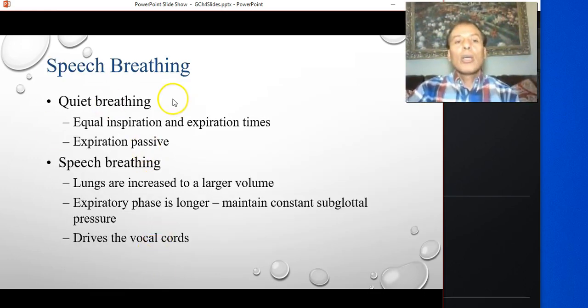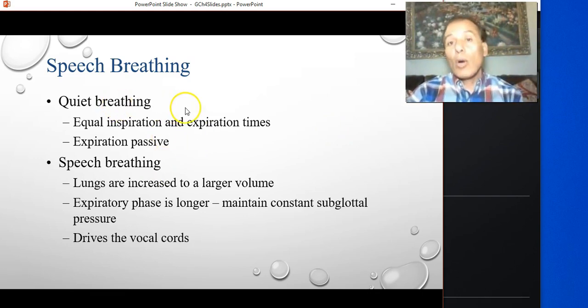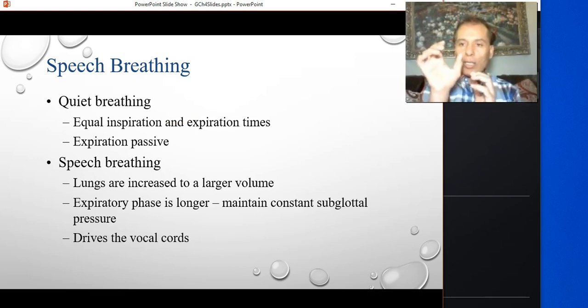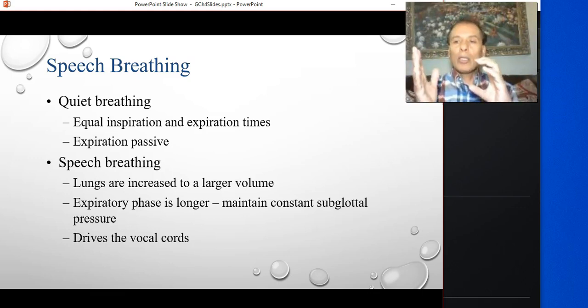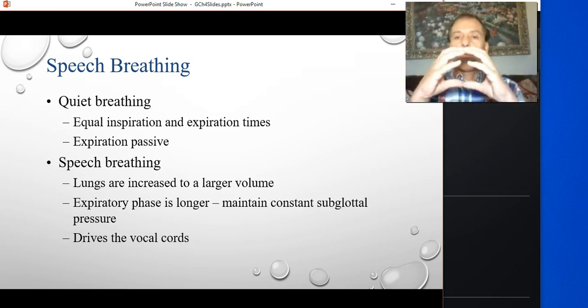So for speech, again, speech breathing is effortful. When we are breathing quietly, not speaking, not doing effort, the cycle of inhalation and exhalation makes one breath, one inhalation, one exhalation. That's one cycle. The inhalation part makes about 40 to 45% of the cycle in terms of time.